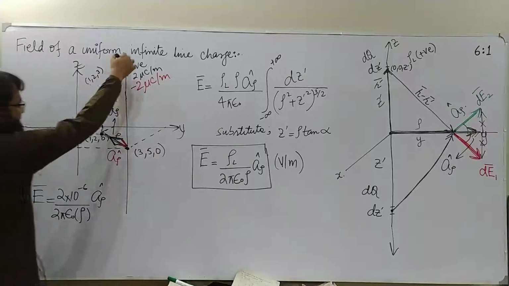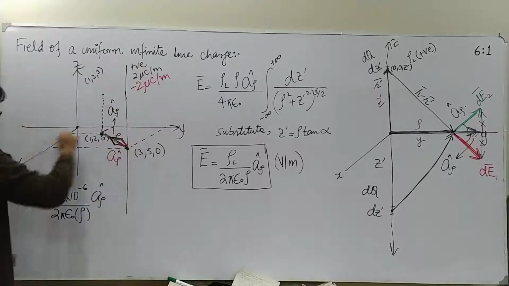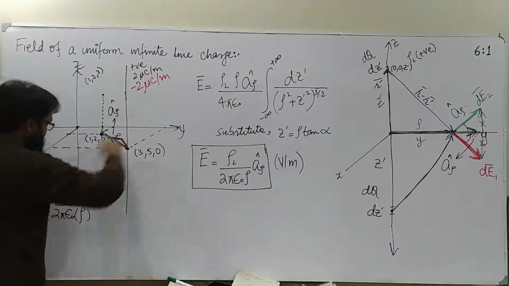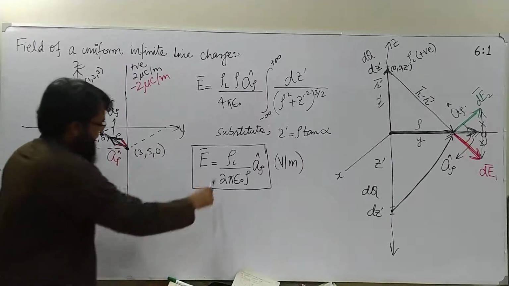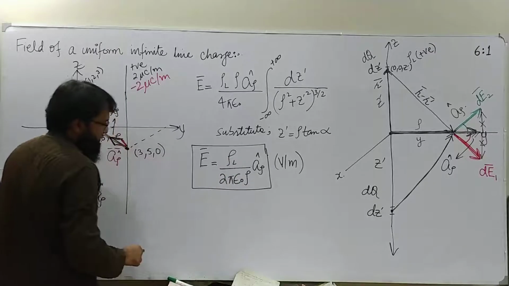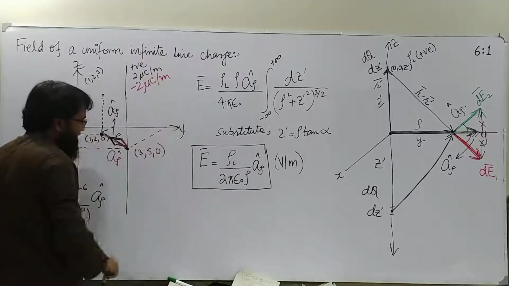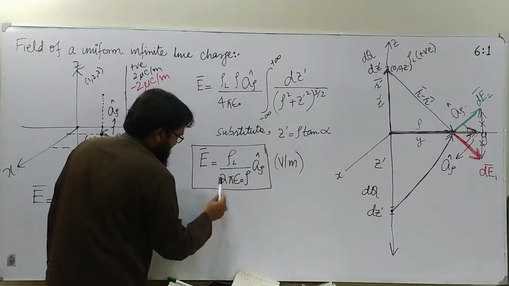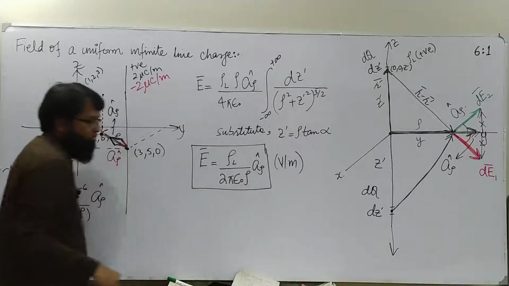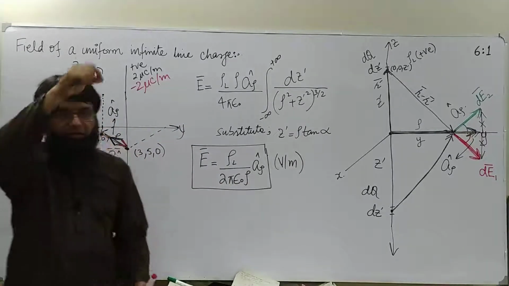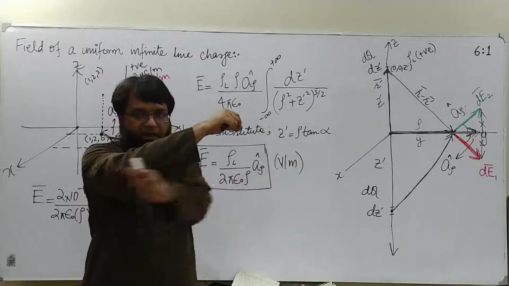And similarly, this line charge could be on the x-axis, or parallel to the x-axis or parallel to the y-axis. You should always remember that in the numerator you have to put the value of that line charge density. In the denominator you put 2 pi epsilon naught, and instead of rho you find the perpendicular distance between the field point and that line charge.